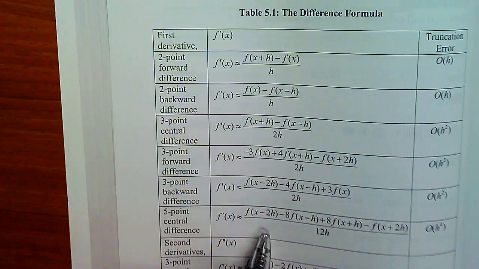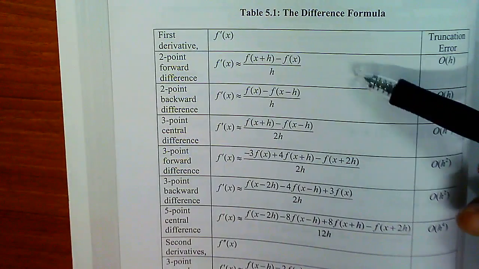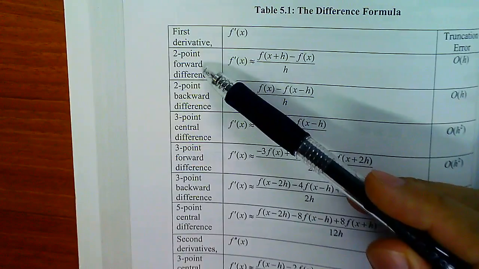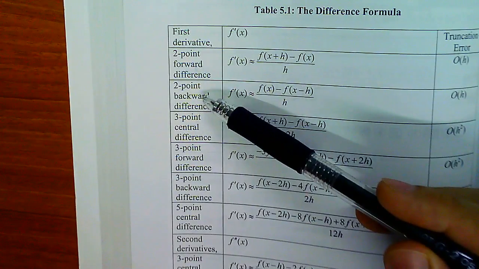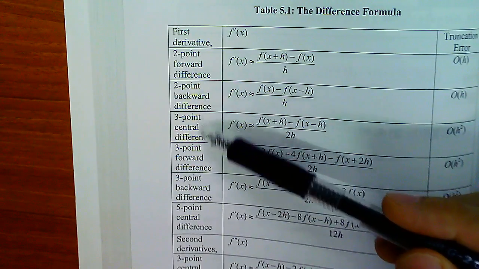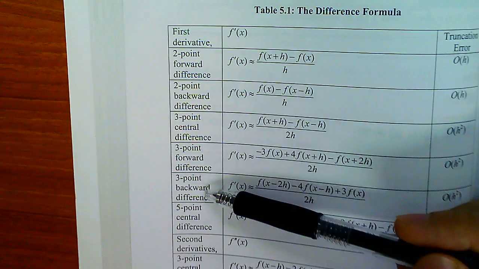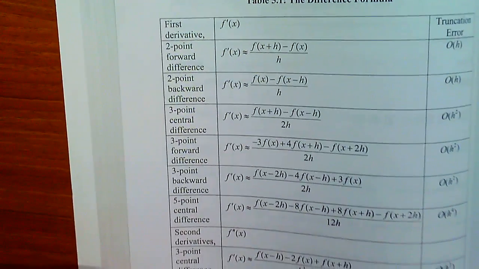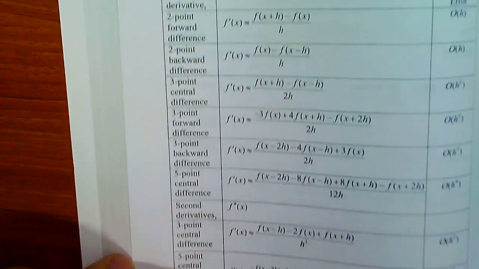For example, if the question asks you to compare 5 different methods, of course you can choose the first 5 methods. That is, there are 2 points forward, 2 points backward, 3 points center, 3 points forward, and 3 points backward. At the next discussion we will discuss how to choose and how to apply these methods.